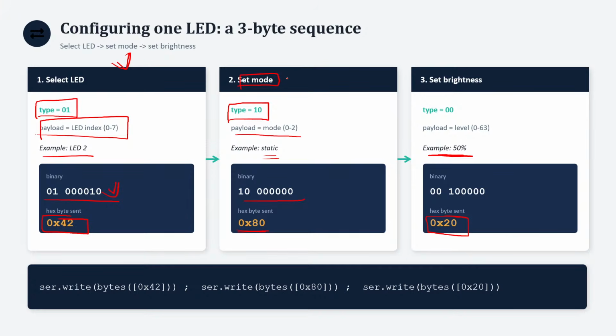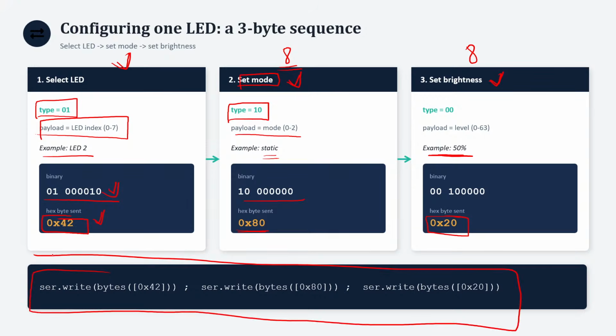After sending this byte of information, I'm going to send the next 8 bits for setting the mode, and the next 8 bits for my brightness. I cannot configure LED selection, mode selection, and brightness selection at the same time. Basically, I'm going to send 3 bytes of data for selecting these three configurations. This is what my design is.